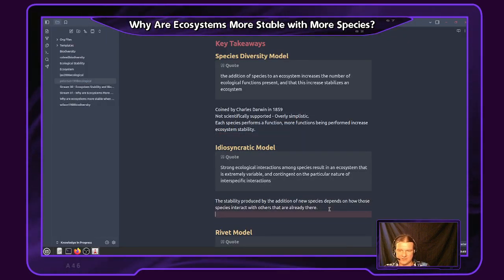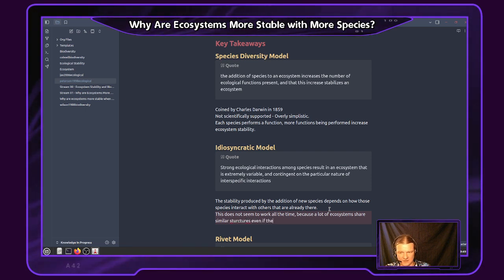So we'll make a note here. We'll say this does not seem to work all the time because a lot of ecosystems share similar structures even if their species differ.